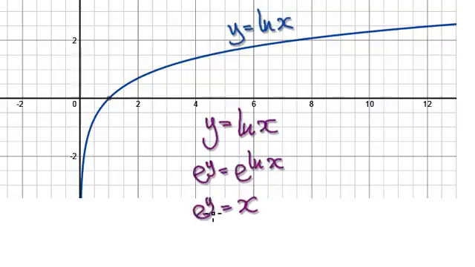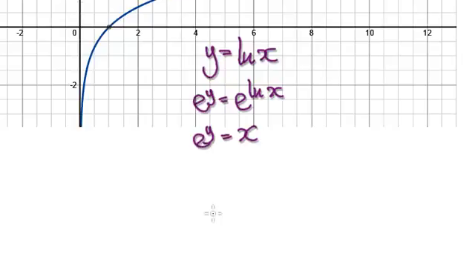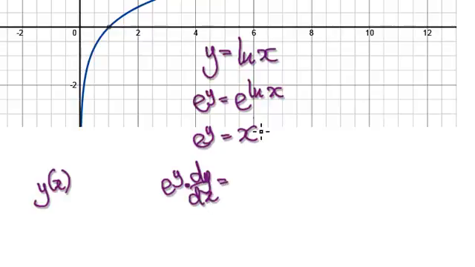This remains the same. So now use implicit differentiation. When you differentiate e to the power of y, it will be itself, but because y is a function of x, you need to stick dy by dx. Then differentiate x, and that would be 1. So now you're trying to isolate dy by dx, so you divide both sides by e to the power of y.